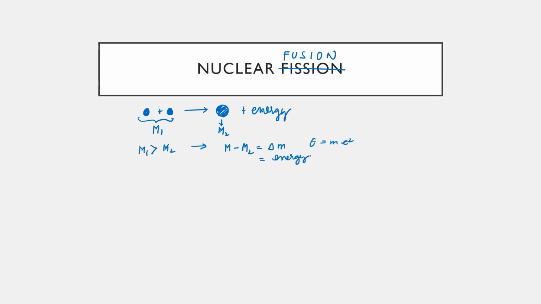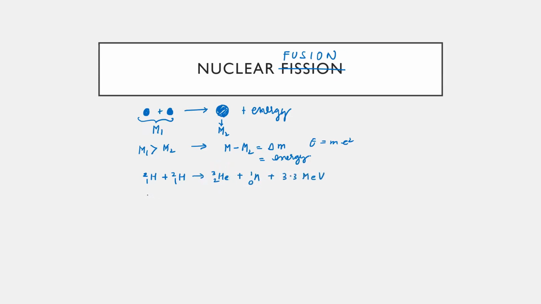Again, there is an example which you are expected to learn. So you have hydrogen, that is deuterium, an isotope of hydrogen. It combines to give a helium isotope, and one neutron is given out, and 3.3 mega electron volt of energy.